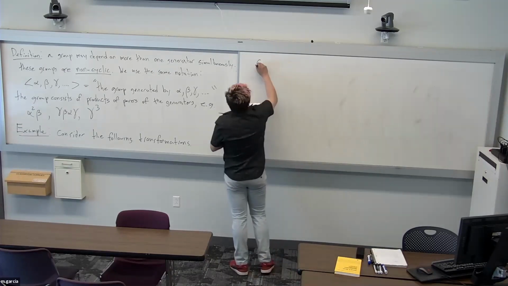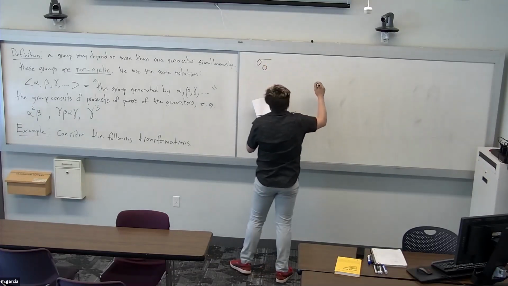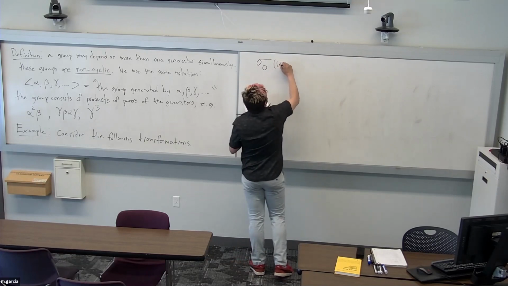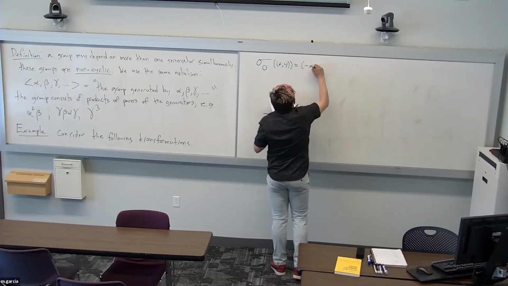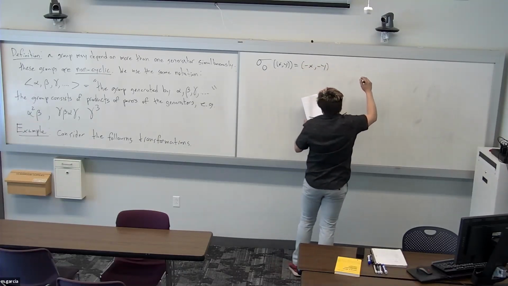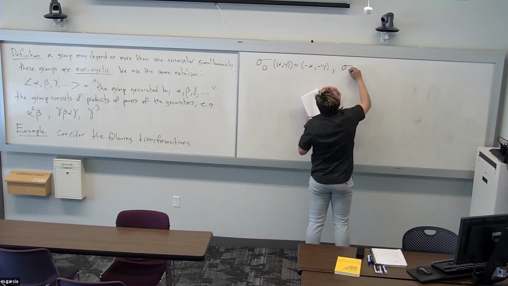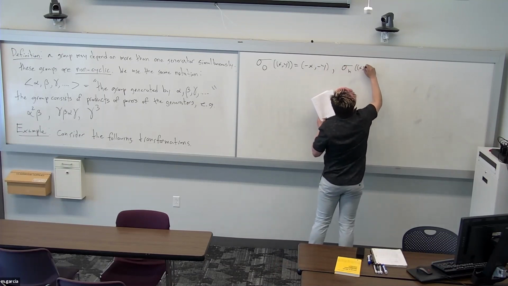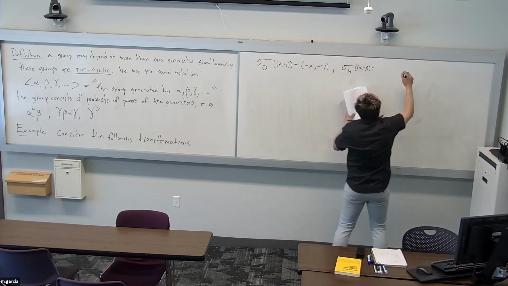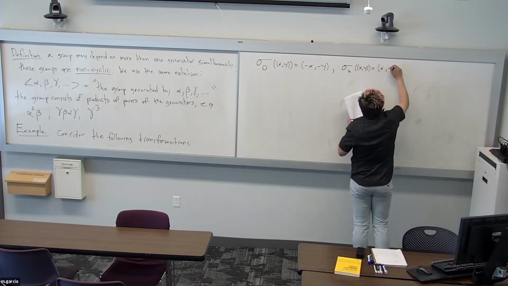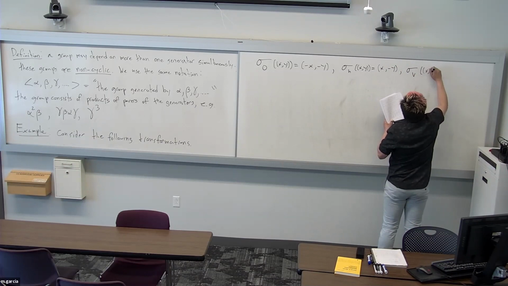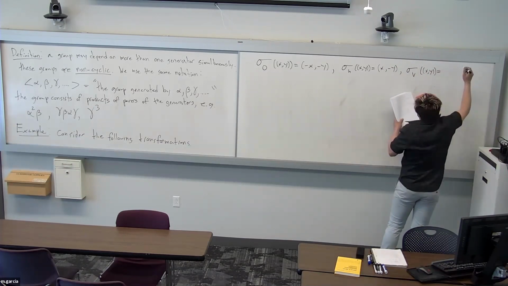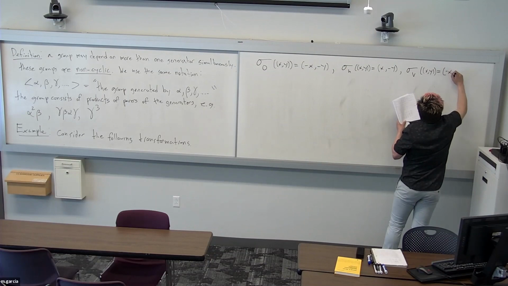Okay, so sigma O of x comma y equals negative x, negative y, sigma sub h of x comma y equals x comma negative y, and sigma sub v of x comma y equals negative x comma y.